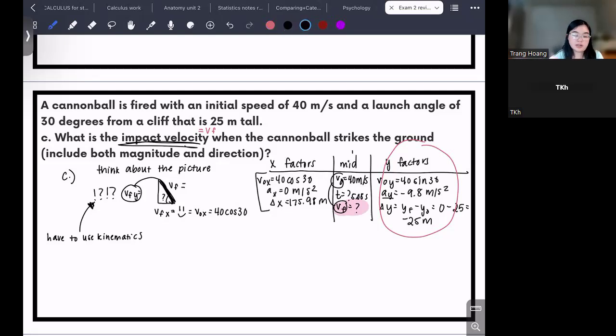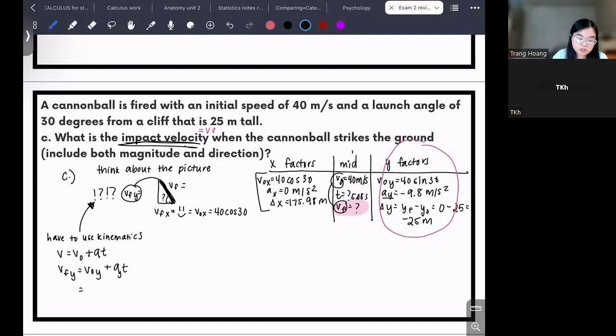You can really just look for any formula that has what you have here and also has what you need to solve for. In this case, I use this one: V is equal to V0 plus at. And I adjusted it for our situation, which was V final y is equal to V initial y plus ayt, if you want to be really specific.